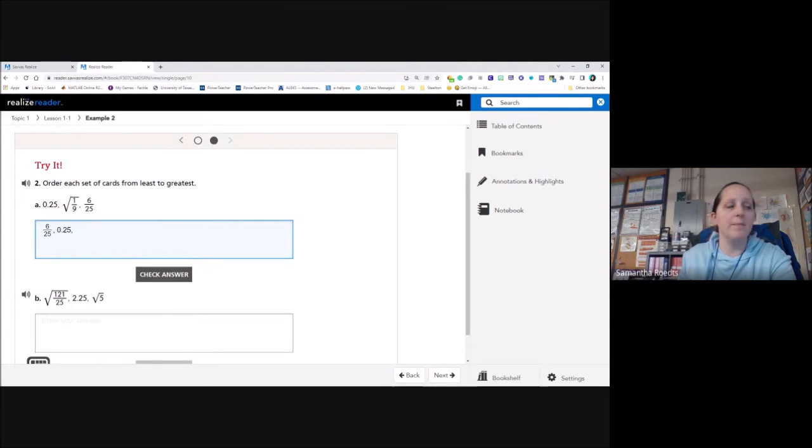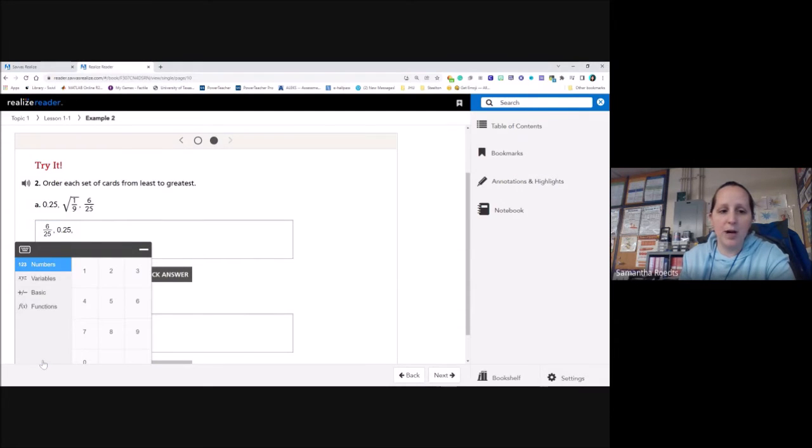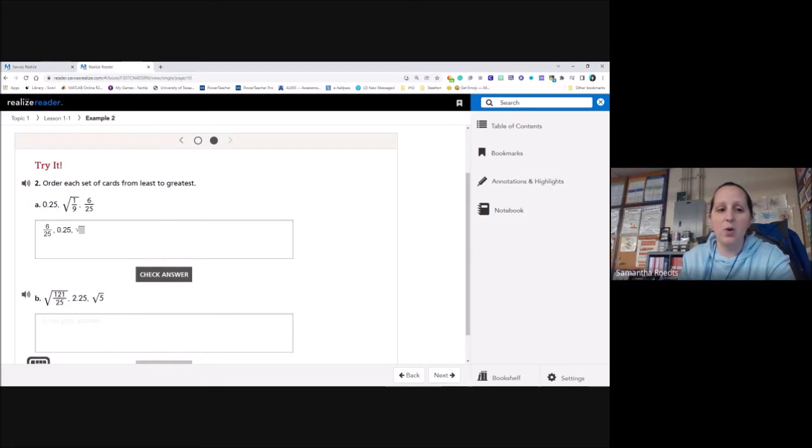of 1 over 9. So when you're typing these into Savvas Realize, you can use this little calculator button down at the bottom, okay? That'll pop up, and then you want to go to Basic, and right here is where you can find a square root symbol. So you just click on that and it pops right in. Then you want to hit the minimize button so it's out of your way. You can always go back to it.